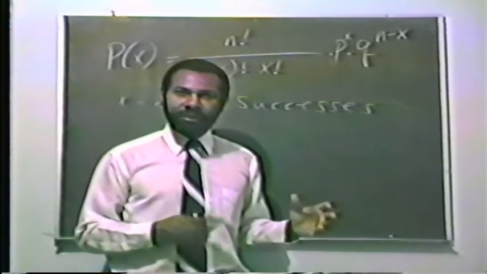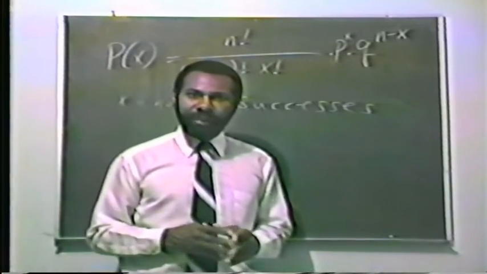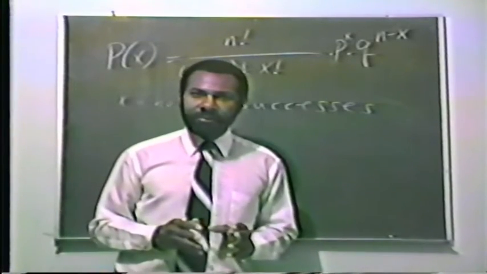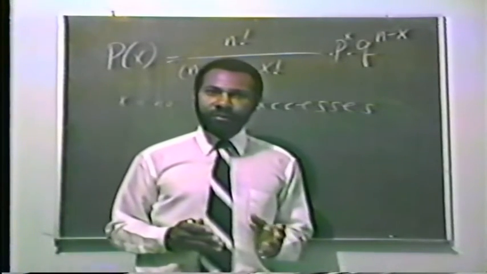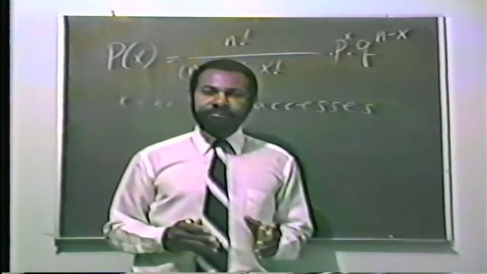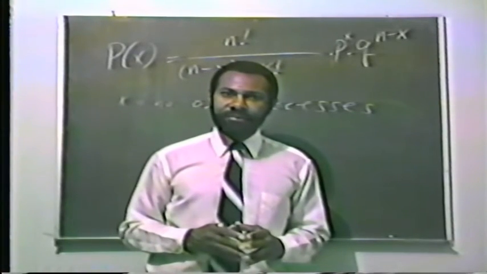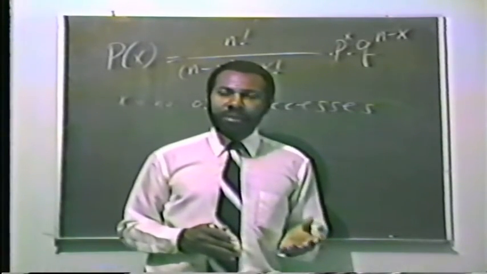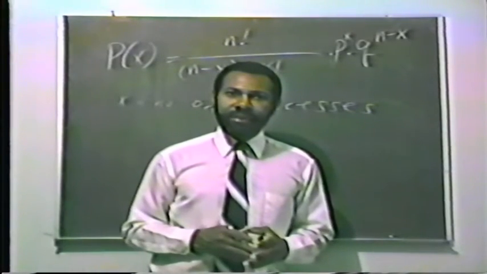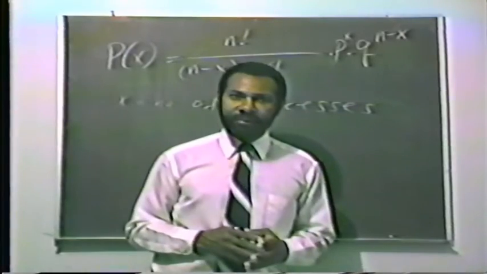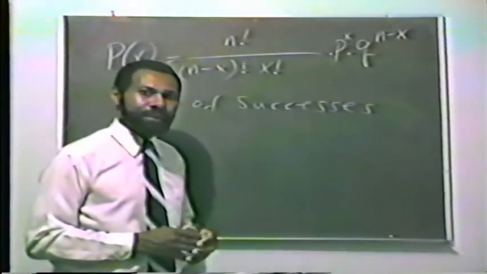We might be talking about a couple having children. We might be trying to determine the probability of a couple having 2 girls in 5 trials, or having 4 boys in 6 trials, or something of that nature. So we can use this formula here to find that type of probability.